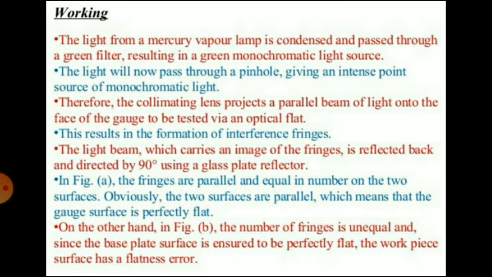Now this instrument is mainly used for checking the flatness of flat surfaces. The interferometer was designed by the National Physical Laboratory, that is NPL. In this instrument, a mercury vapor lamp is used as a light source. Radiations from the lamp are passed through the green filter, thus leaving a green monochromatic light.